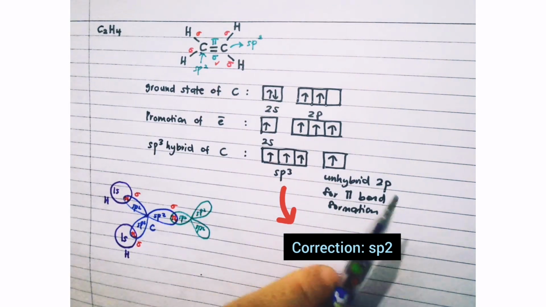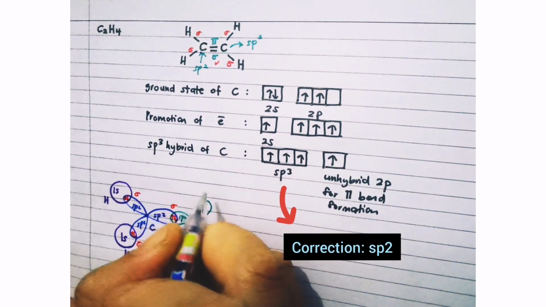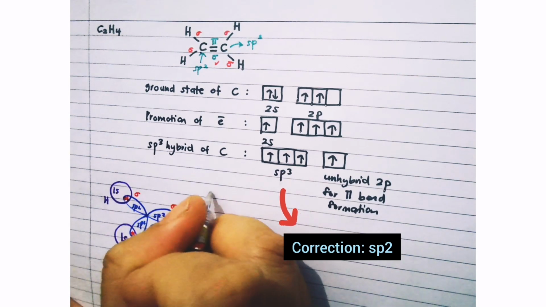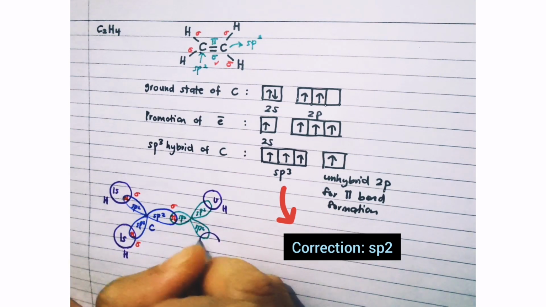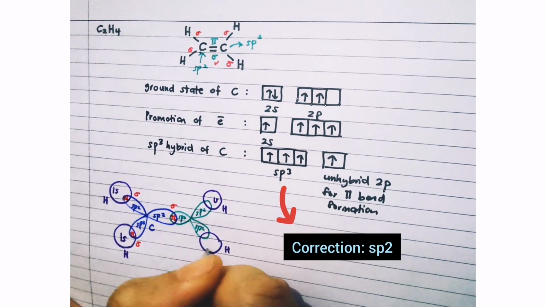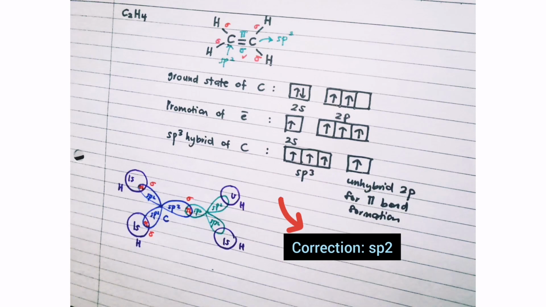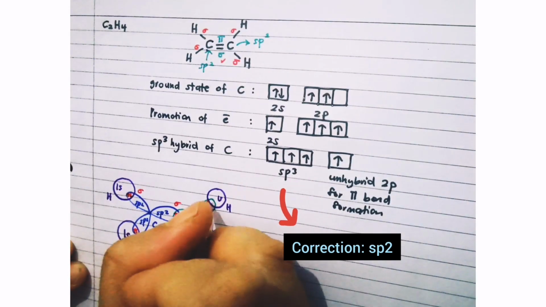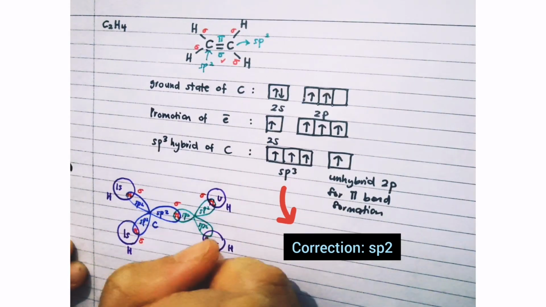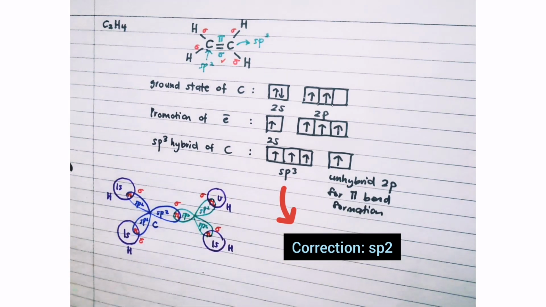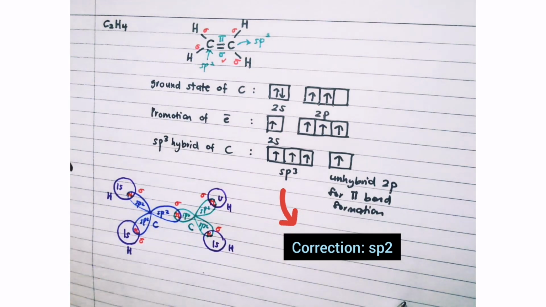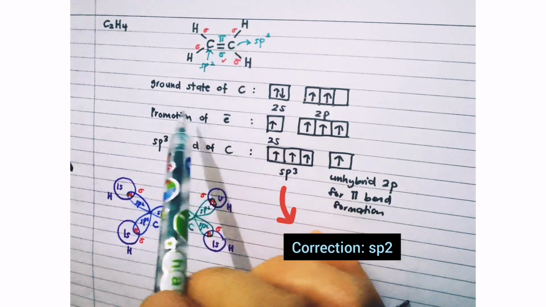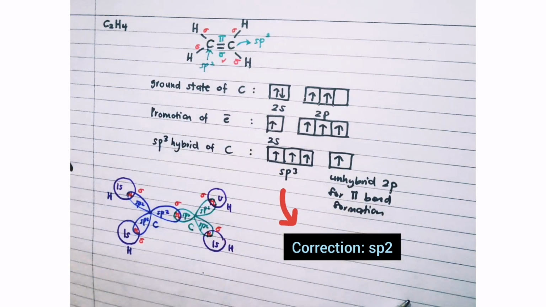The same goes for this sigma bond: sp2 of carbon also overlaps end to end with 1s of hydrogen, and we will label the electron and the sigma bond. I forgot to label this carbon. Okay, now we have settled the CC sigma bond and CH sigma bond.